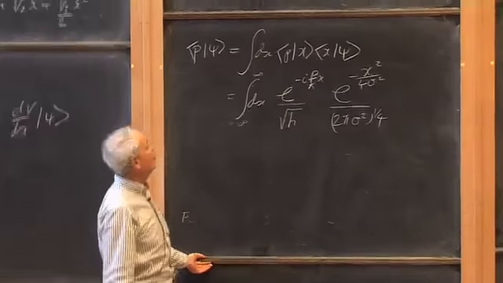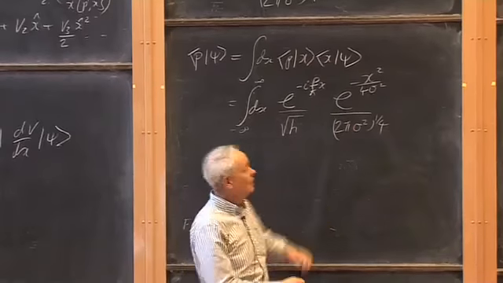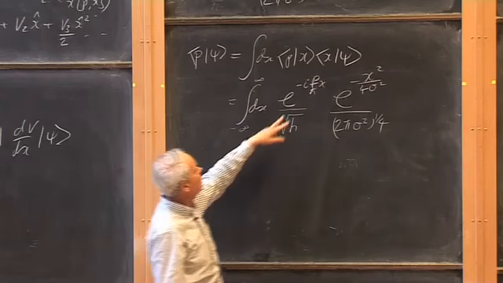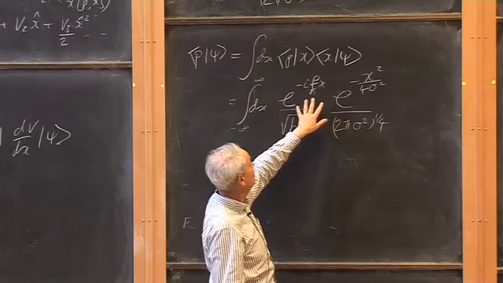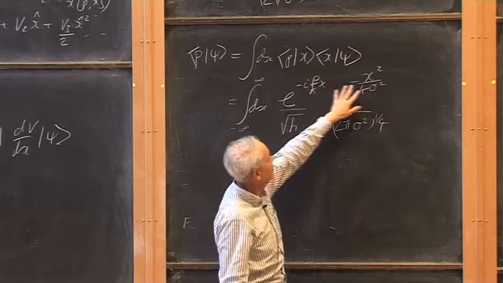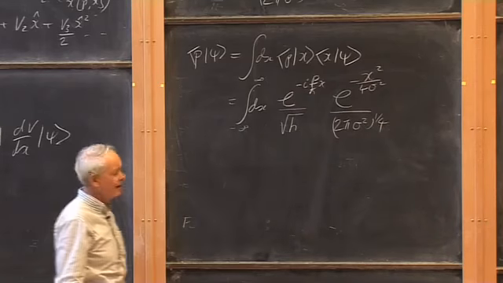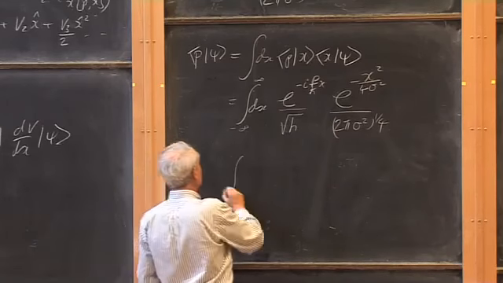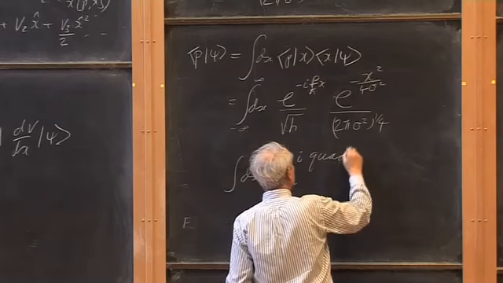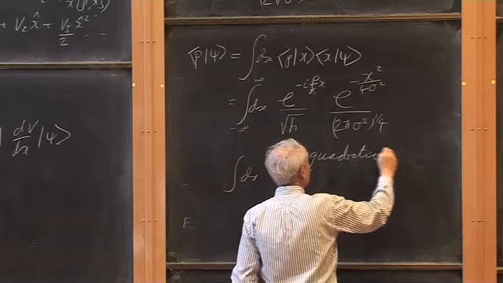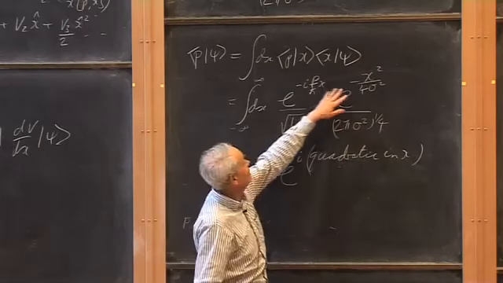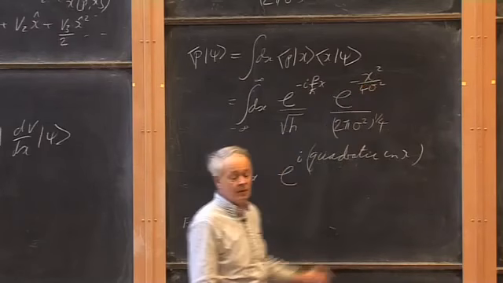Physics is full of integrals of this sort, and there's a box in the book explaining how to do them. I don't want to take the time to go into the sordid details now, but you gather all the exponents together, and what we have is an integral dx of e to the i times a quadratic in x, with a linear term and a quadratic term.